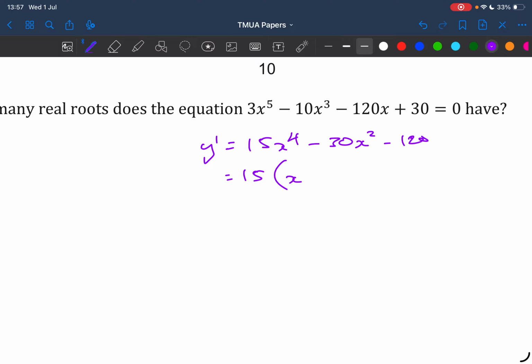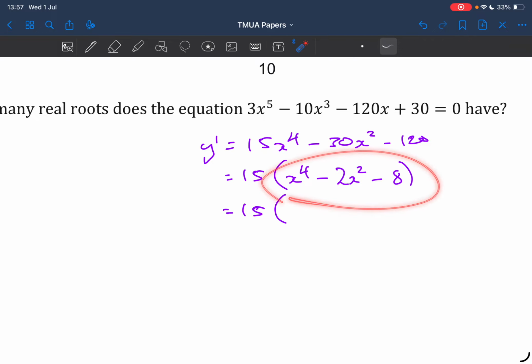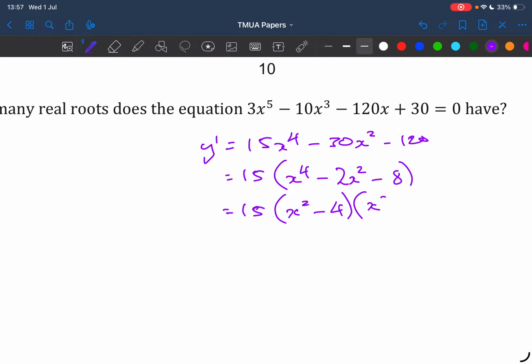So x to the 4 minus 2x squared minus 8. Is that the same quadratic from a second ago? I think it might be. So it should have minus 6 and... 4 and 2. Yeah, 4 and 2. So x squared minus 4, x squared plus 2. So that equals 0. x is equal to plus or minus 2.